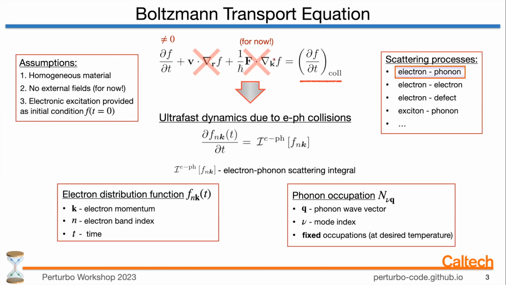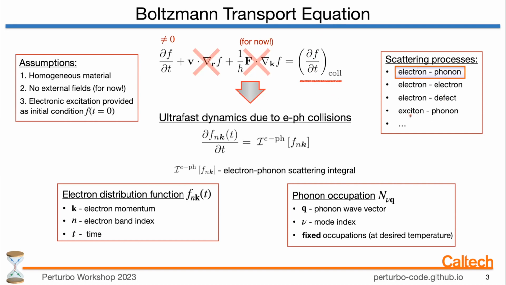Since our Boltzmann transport equation is a formulation of the conservation of the number of particles in the phase space, on the right-hand side we will have different collision processes that can drive our particle from one element of phase space to another. What can that be? Similarly to the previous lecture, it can include electron-phonon interactions, electron-electron interactions, etc. We have the full list of that.